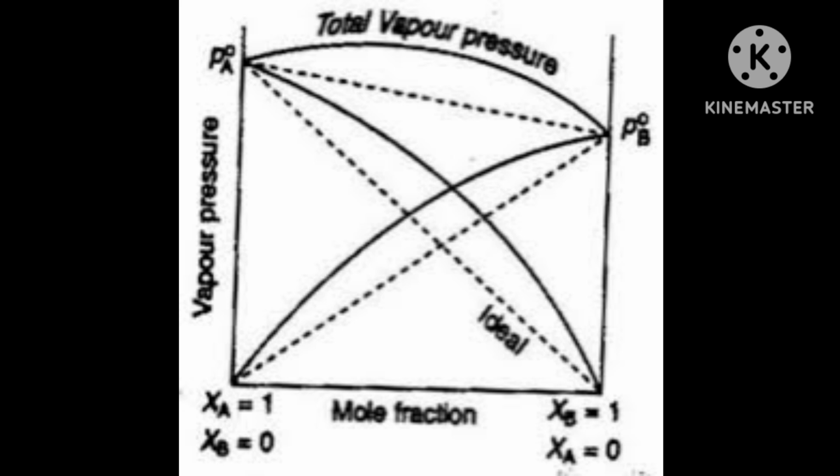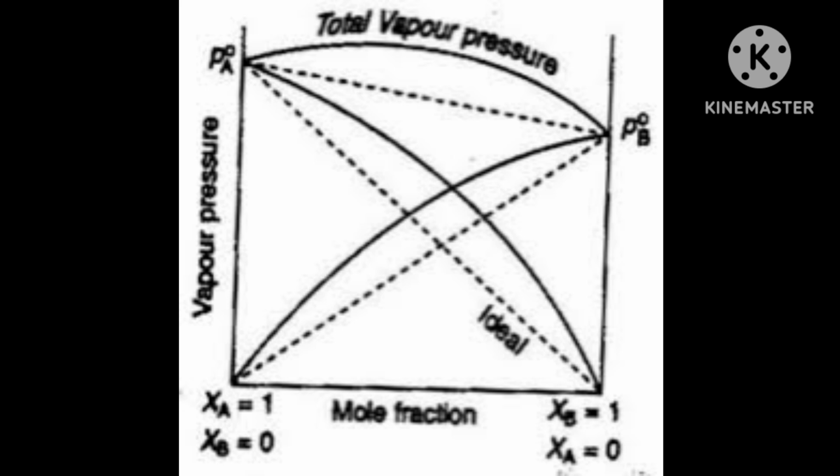In case of positive deviation from Raoult's law, AB interactions are weaker than those of AA and BB. The intermolecular attractive forces between the solute-solvent molecules are weaker than those between solute-solute and solvent-solvent molecules.